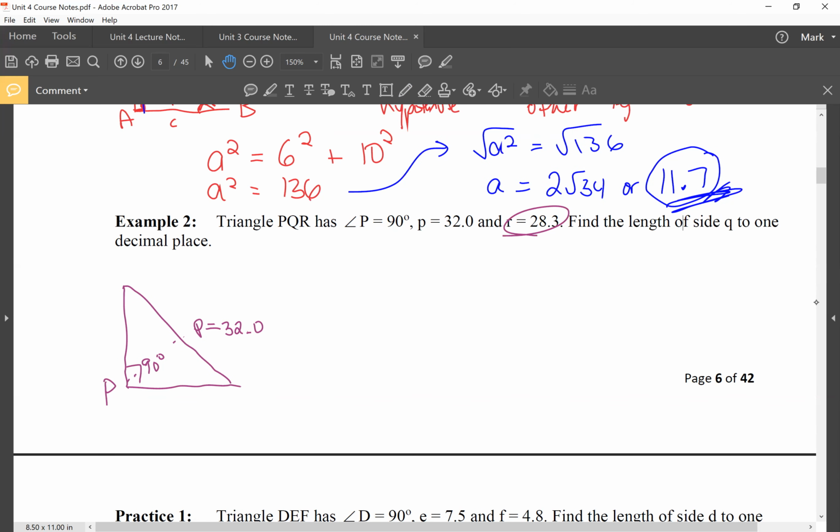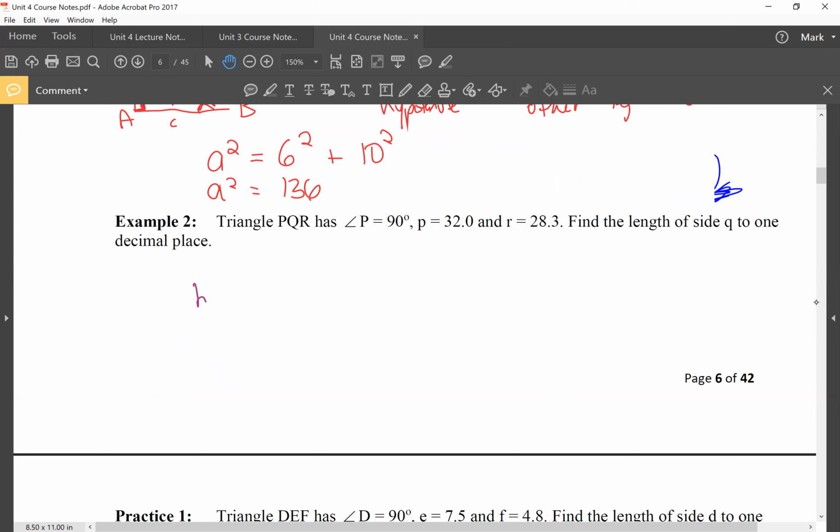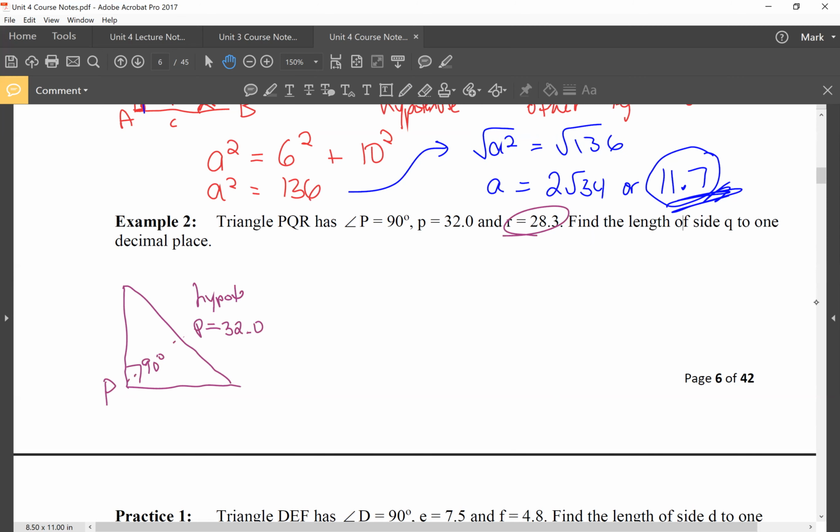Now, the only side that's important that you get right is the right angle side. Remember, this is the longest side. We call it the hypotenuse. It's the longest side across from the 90-degree angle. That's the only important side. It doesn't matter what the other angles are.